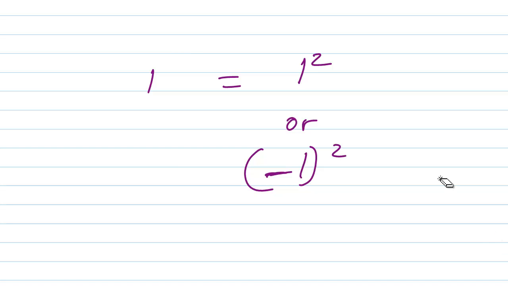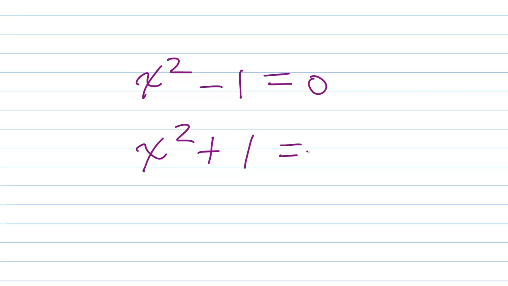So that is basically what we're dealing with here: a quadratic equation in an extremely simplistic form. x squared equals 1. x squared equals -1. If you want to put these equations in formal quadratic form, x squared - 1 equals 0, x squared + 1 equals 0.